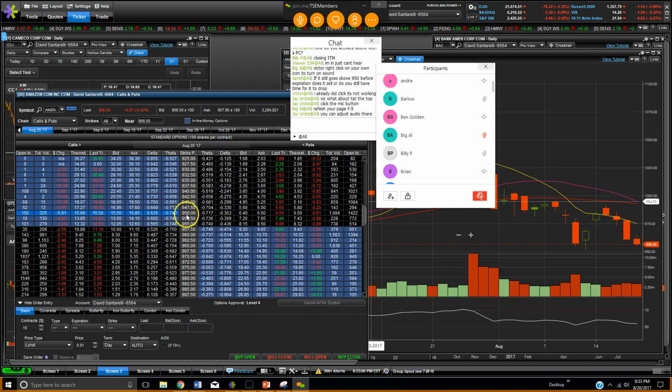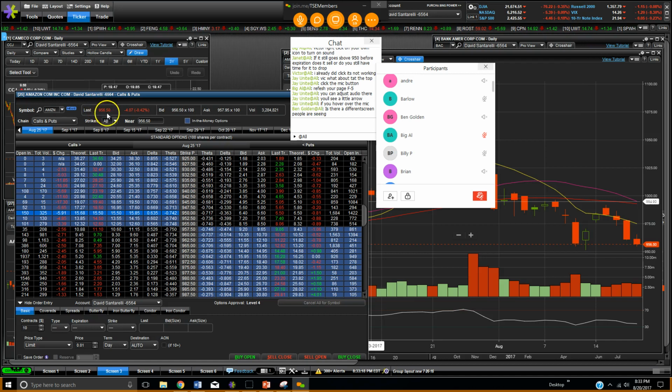Again here, 950 strike put. If we bought it for $6.50, this is telling us the delta for every dollar this stock goes down from where it's at right now. So let's say we bought this tomorrow and the stock stays right where it's at now, 950, 6.50.